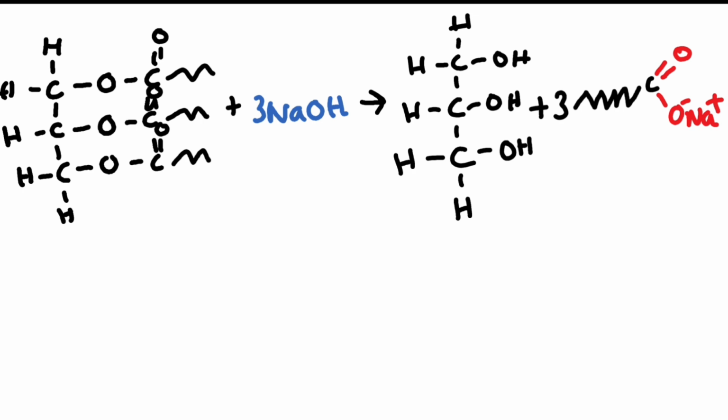This would usually be shown in the exams. The sodium compound is used for soap. That's a 1 mark answer, guys. Sodium soap, okay? And it creates glycerol, which is the alcohol here, the triol.